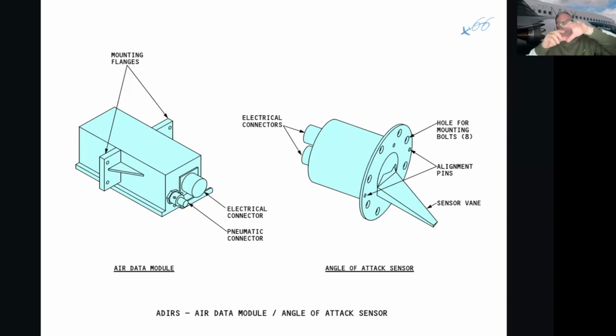Wherever that pickup coil is turned, it will make an angular displacement, which you can then electrically send to an ADM to convert to ones and zeros. The other ADMs that take pneumatics, the pitot and statics, they'll just go in through here. Pneumatic pressure or static pressure going in, and ones and zeros coming out, going to the ADIRS.